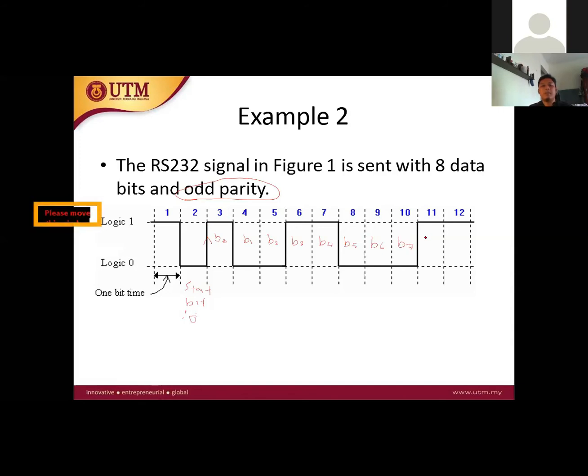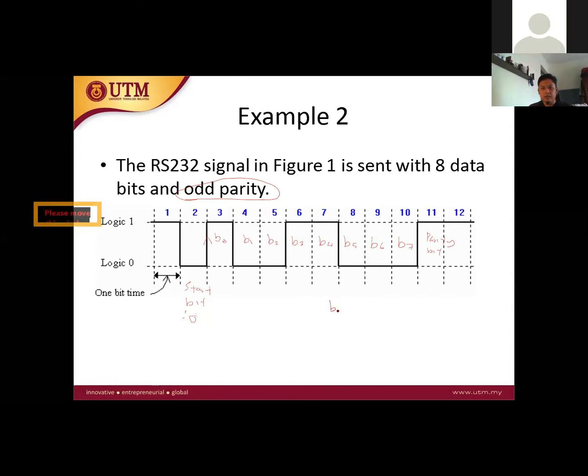And this should be the parity bit. So we have to figure out what is the value of the data.